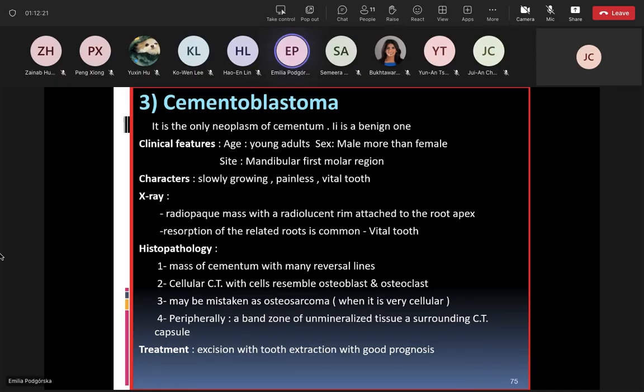Histopathology: a mass of cementum with many reversal lines, with cellular connective tissue in which cells resemble osteoblasts and osteoclasts. It may be mistaken for osteosarcoma. Peripherally, a band or zone of unmineralized tissue surrounds the capsule. Treatment is excision with tooth extraction, with a good prognosis.